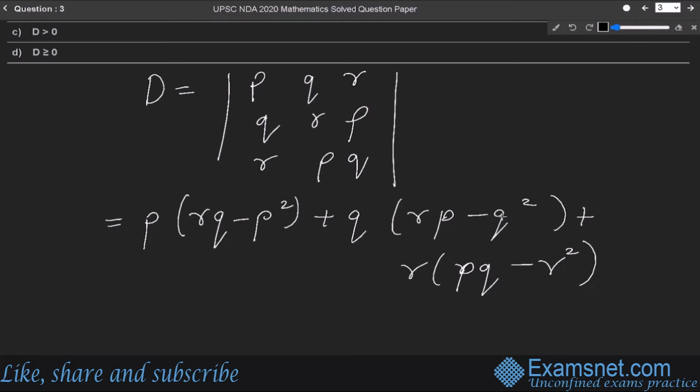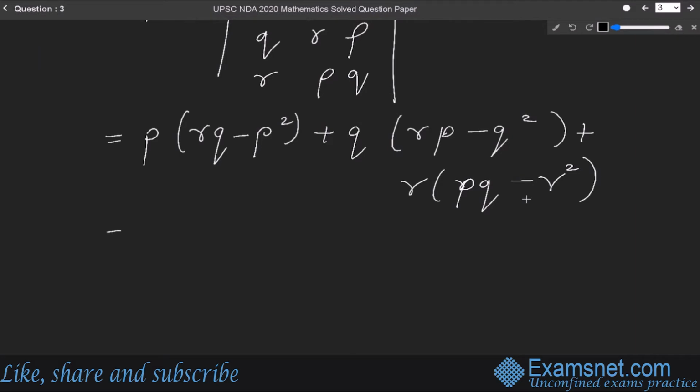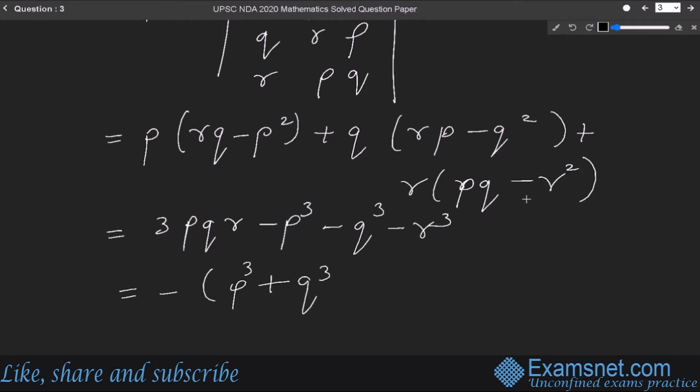We have just expanded this by removing the first row and the first column, then first row and the second column, and then first row and the third column. Now further solving this, we will get 3pqr minus p cube minus q cube minus r cube. Now taking minus common, it will be minus of (p cube plus q cube plus r cube minus 3pqr).